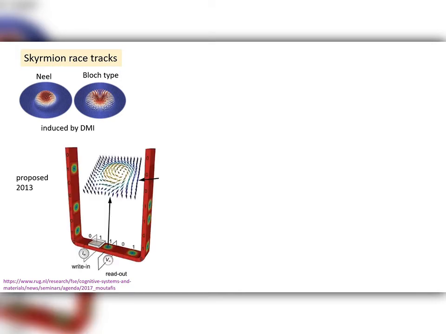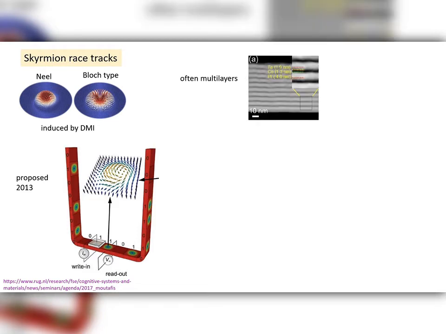So let's go to the next solution, the Skyrmion racetracks. Every one of you knows these features. They are induced by a new interaction, the DMI, and you can make plans to conduct these Skyrmions on a wire and to read out the 1 or 0 electrically.